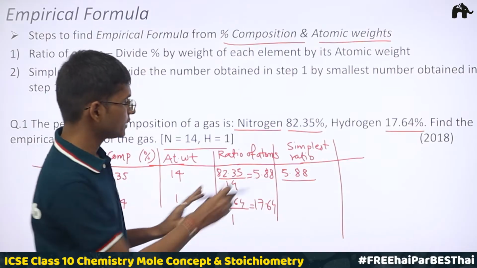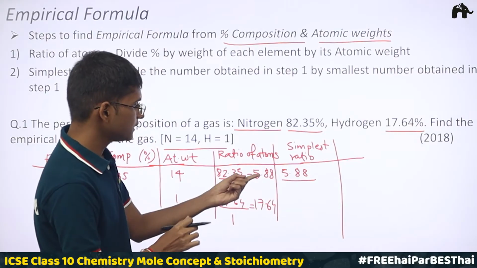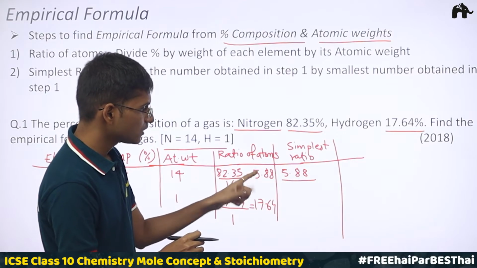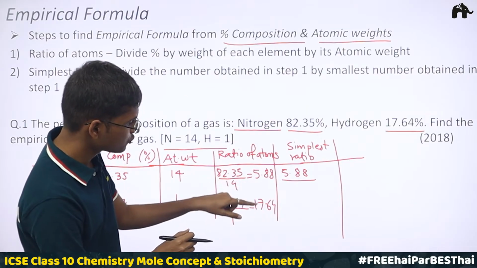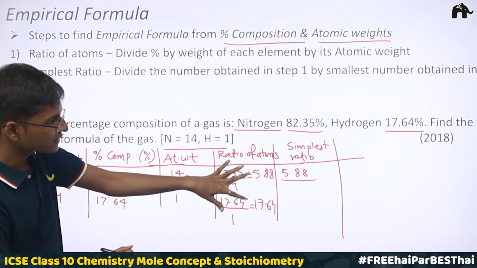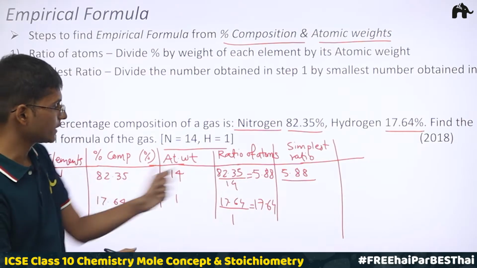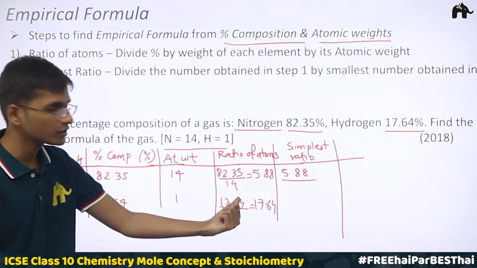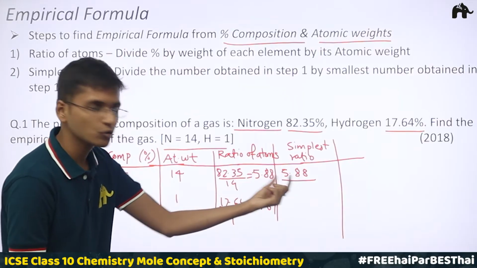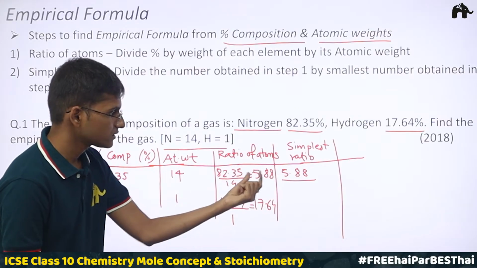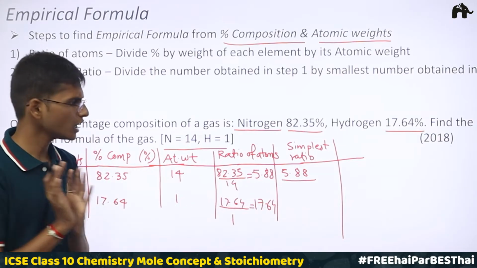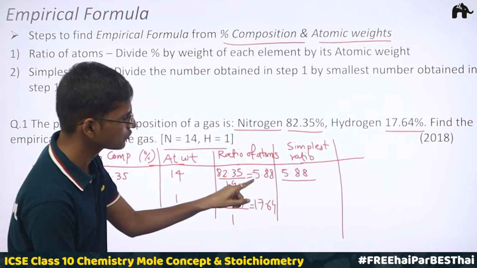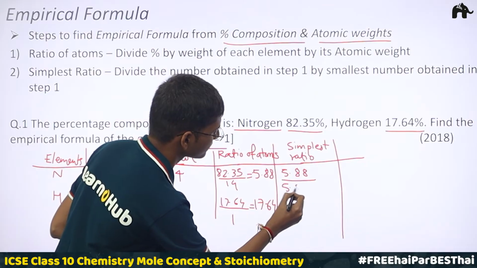Now we take this number and divide it by the smallest number among both of these. We have these two answers in the ratio of atoms, one for nitrogen, one for hydrogen. We first take nitrogen's number and divide it by the smallest number. Out of both, the smallest number is this only, so I take 5.88 here.